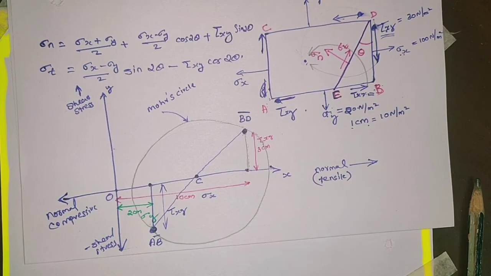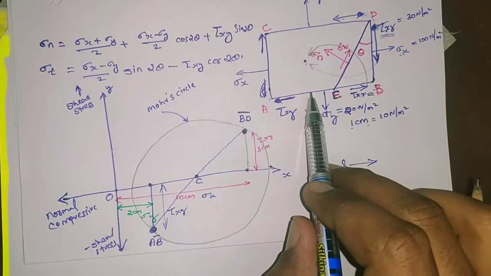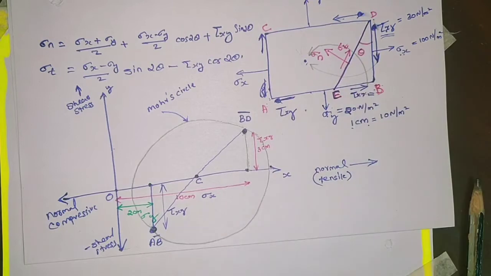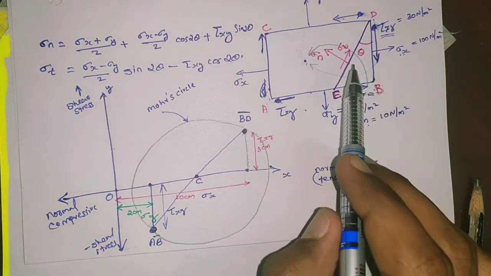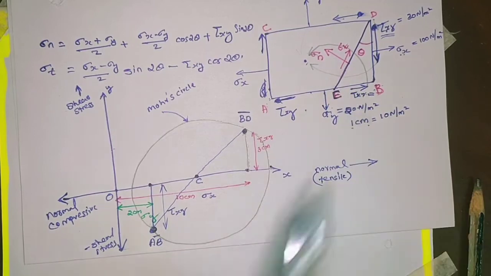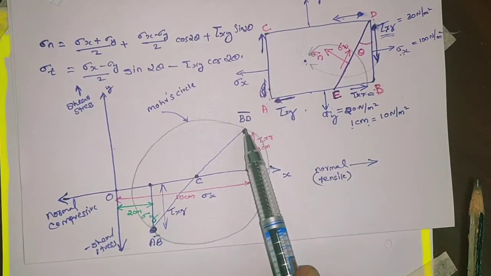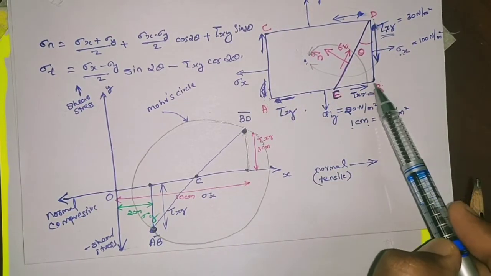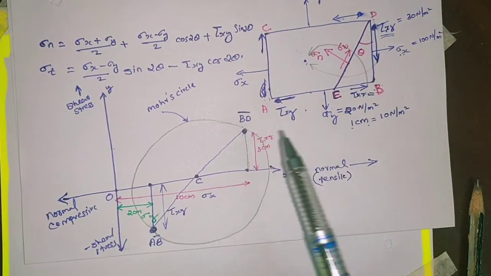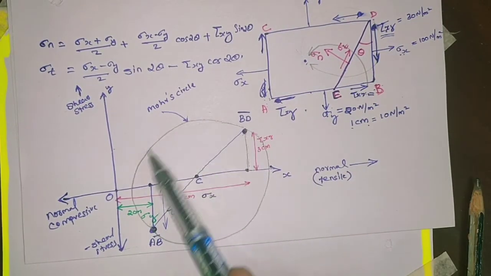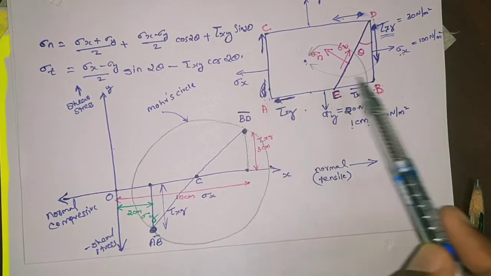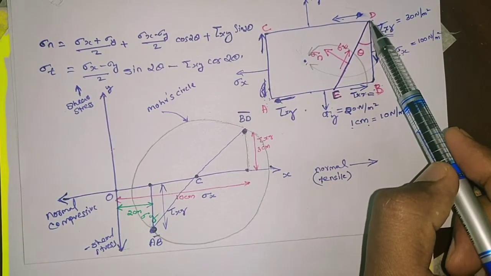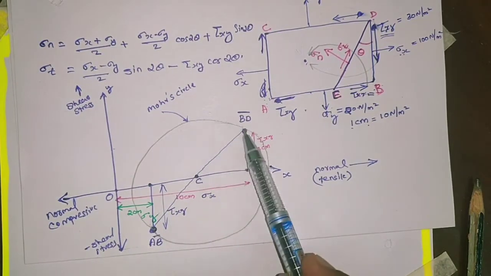Okay, so we already represented these 2 planes. Next we are going to represent this inclined plane on this Mohr circle. From this it is clear that the 2 planes, AB and BD planes, are represented as 2 points on the Mohr circle.